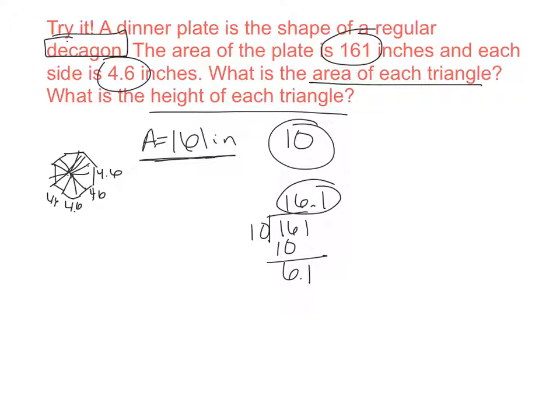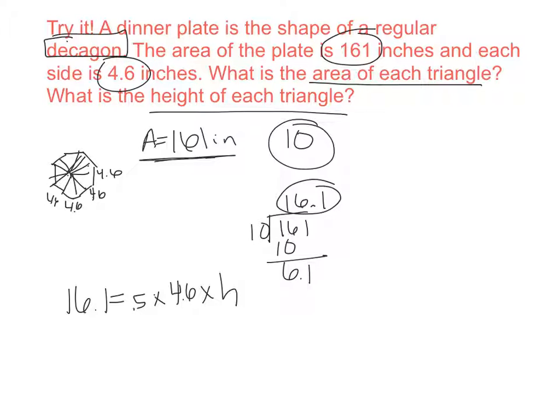So now, to find my base and height, my area of one triangle, 16.1, equals 1/2 times 4.6 times height, which I don't know. Okay, I'm going to quickly change this 1/2 to a 0.5 since I'm working with decimals already.